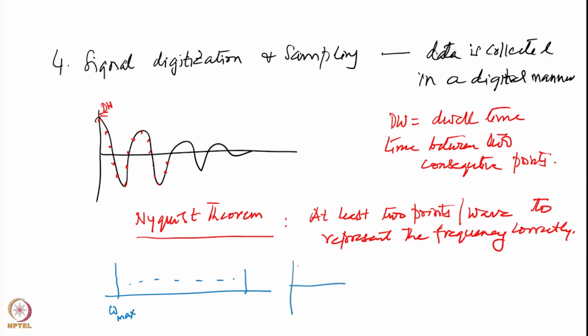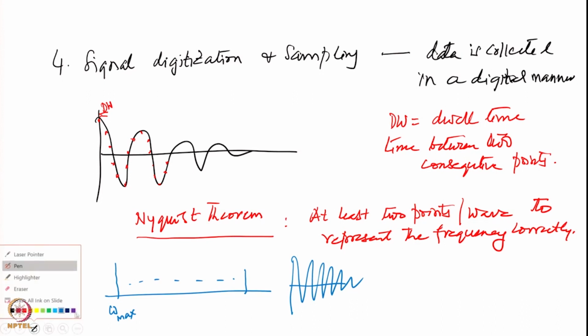Let me draw the largest frequency here. How will the frequencies smaller than that go? A slower frequency will go like this, and an even slower one will be even slower than that. Therefore, if I have at least 2 data points to represent the largest frequency, automatically there will be more data points for the lowest.